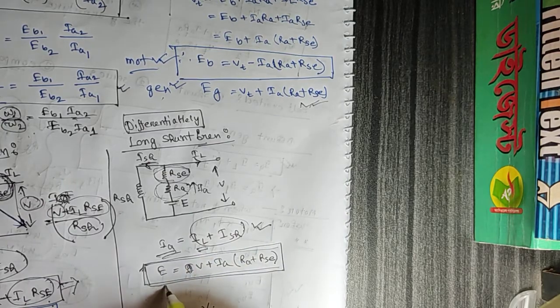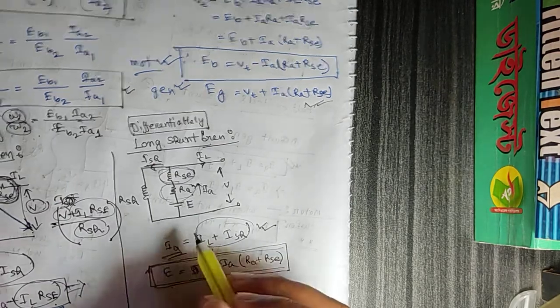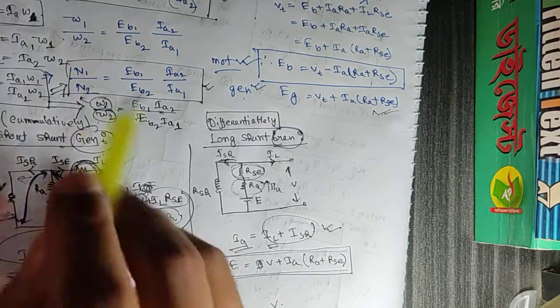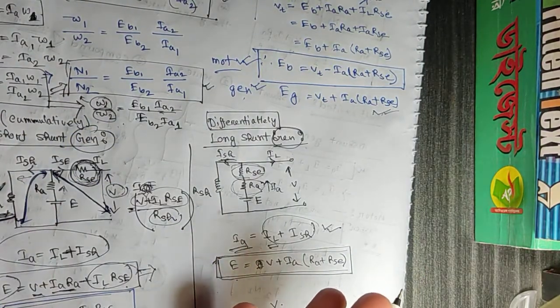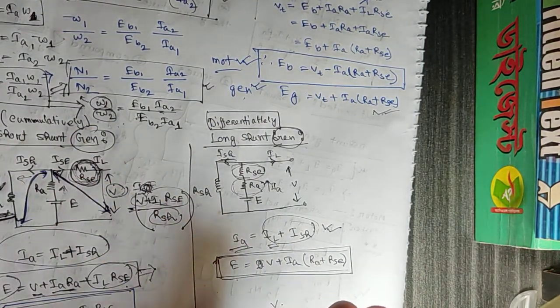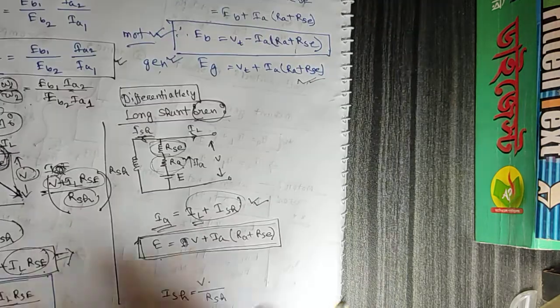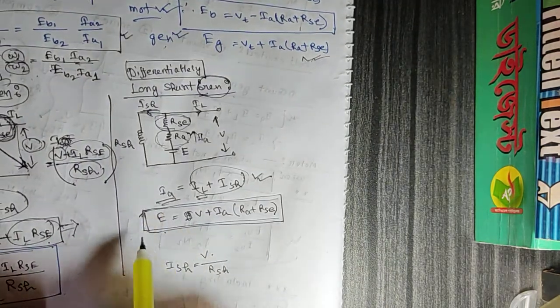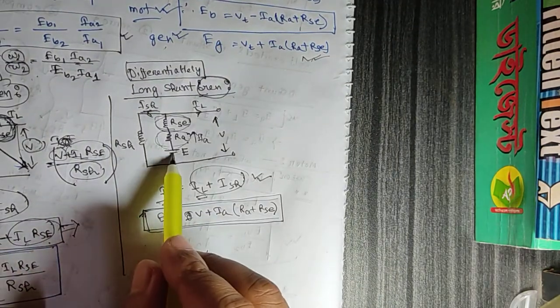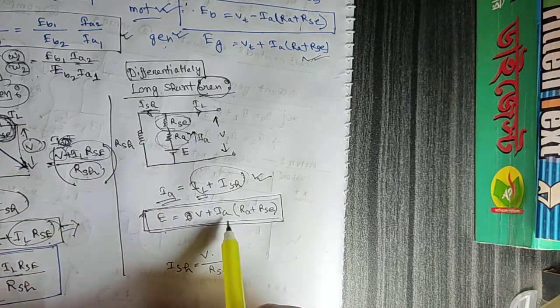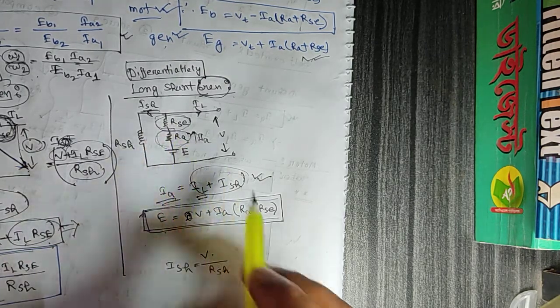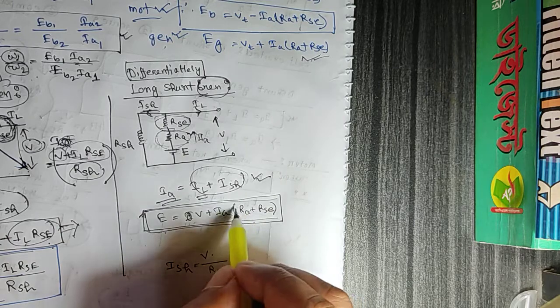And the induced EMF for generator. We are talking about two generators here. You know that if you discuss generator, you can find the motor's equation. It is so easy. So the induced EMF equals IaRa plus IaRac. Okay, I have written it shortly.